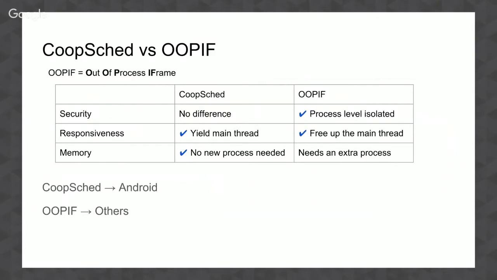And there is another effort to isolate the top document's performance to a separate place, which is OOPIF, that is, out-of-process iframe, that moves the third-party iframe to a separate process so that the third-party iframe doesn't affect the mainframe performance.